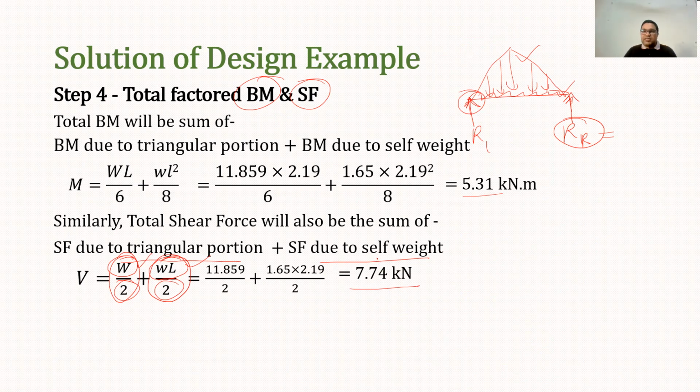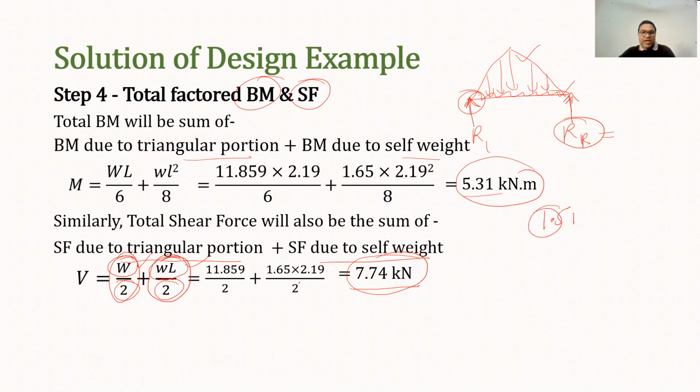Now, as we are designing this beam with the limit state method, we have to multiply the bending moment with the load factor, the partial safety factor of load. This triangular portion and self-weight are dead load, and for dead load we will take the load factor as 1.5.